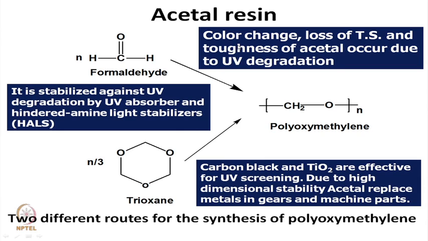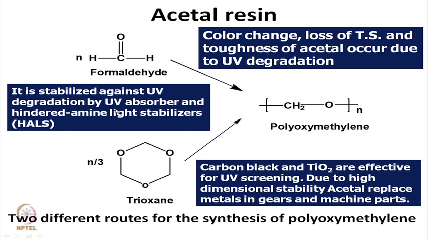There is a change of color due to exposure to visible light or sunlight, and on absorption of UV it degrades, with an attendant loss of tensile strength, and toughness is also reduced.